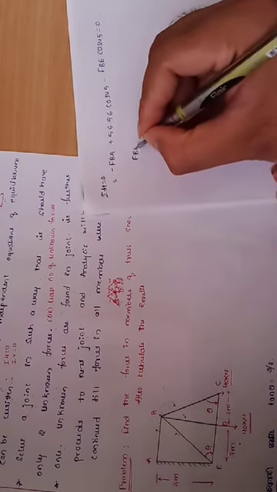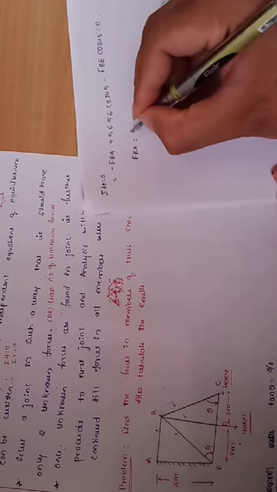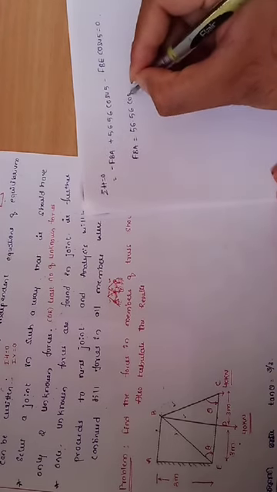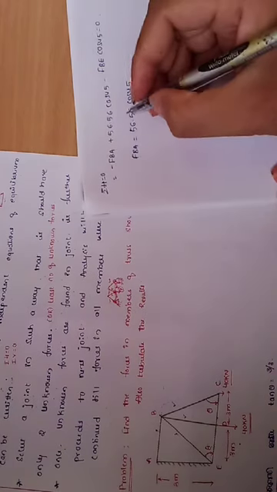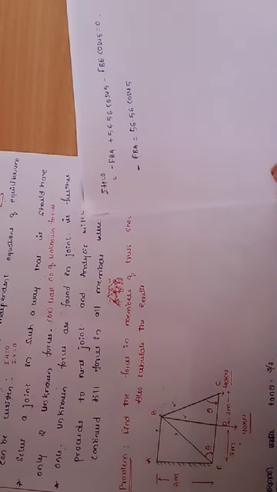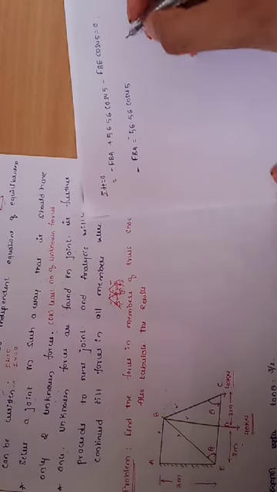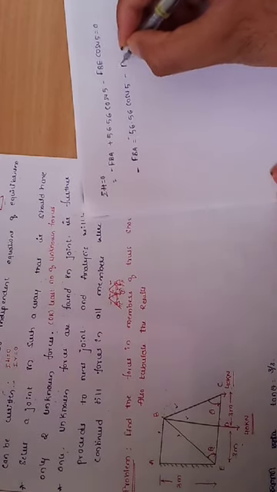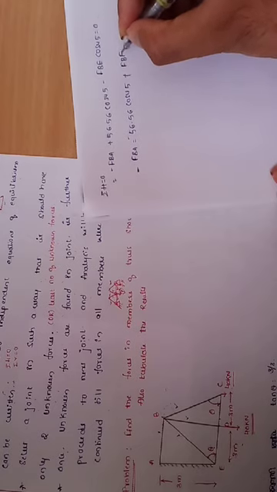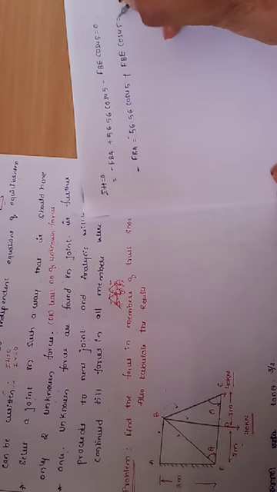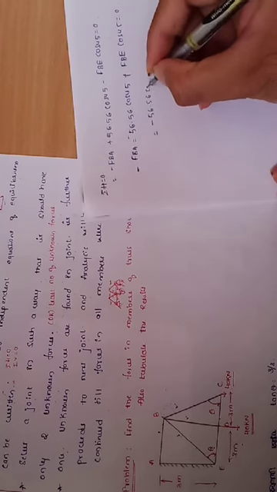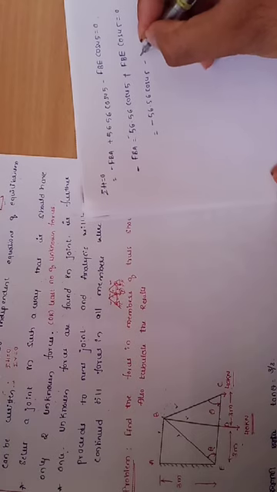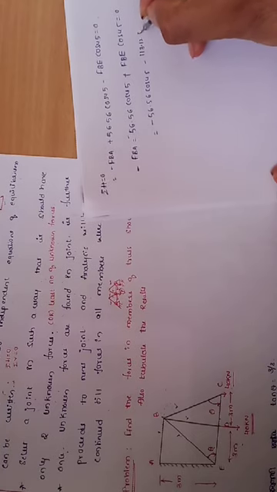Your FBA is equal to 56.56 cos 45 minus FBE cos 45, which is equal to 0, so you will get minus 56.56 cos 45 and again minus 113.12 into cos 45, which is equal to 0.